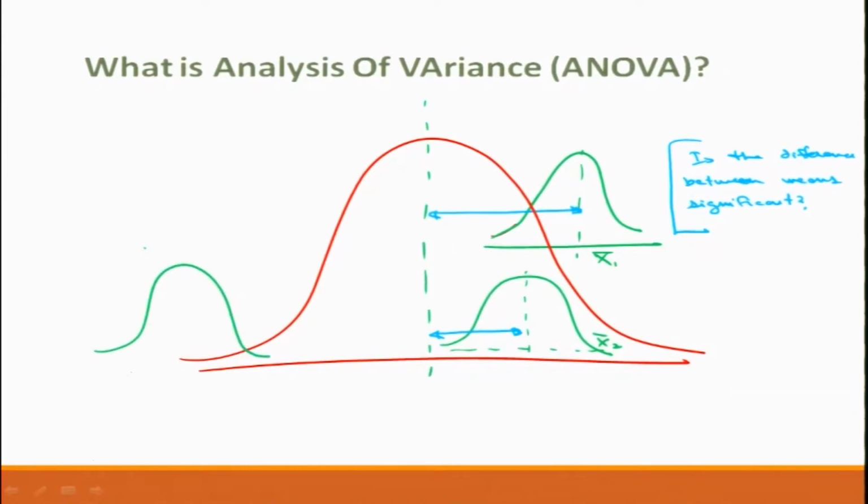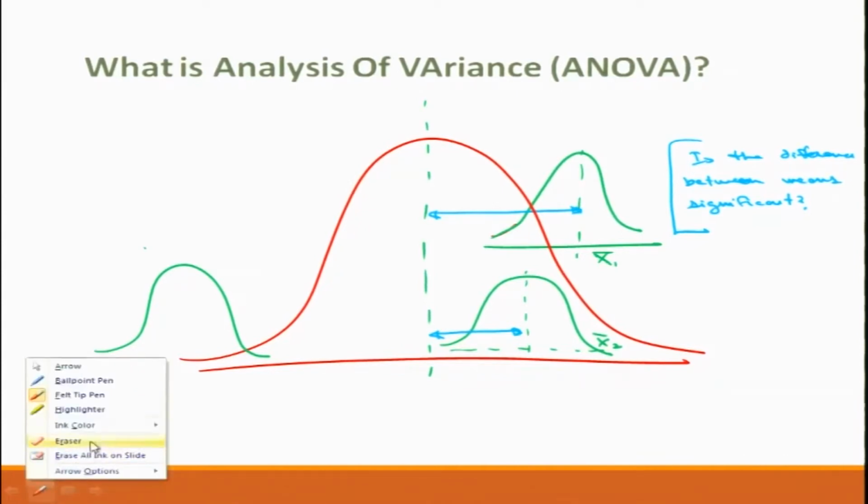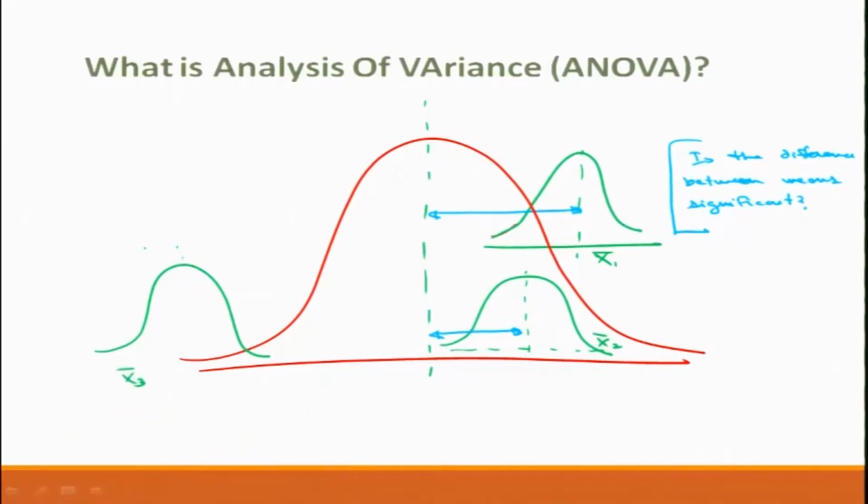This is group X3; though there is some overlapping, it is lying outside this population. That means this difference is significant, and we put the level of significance as well. So, is it significant at a specific significance level?